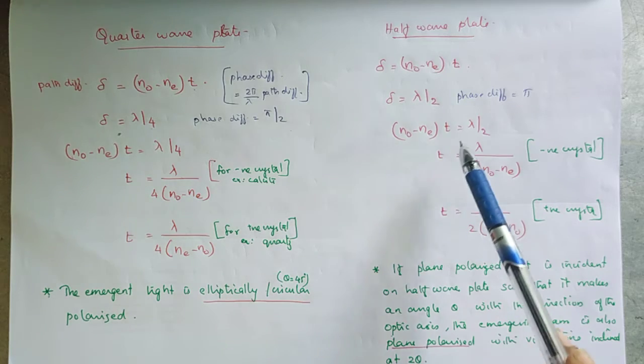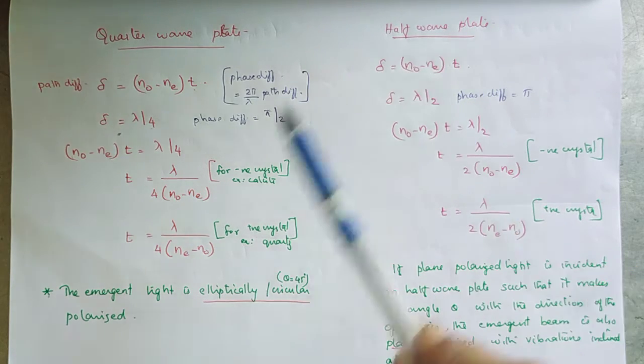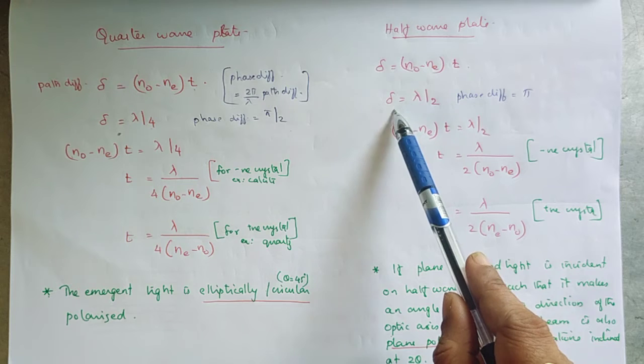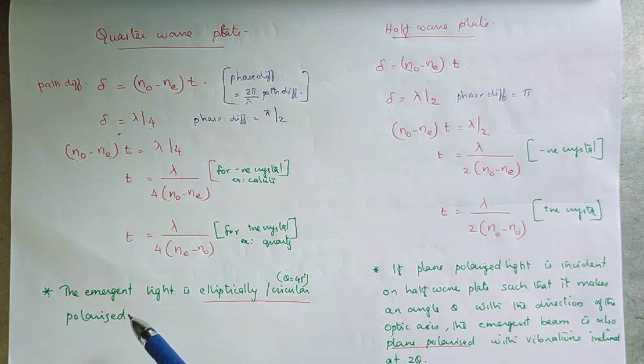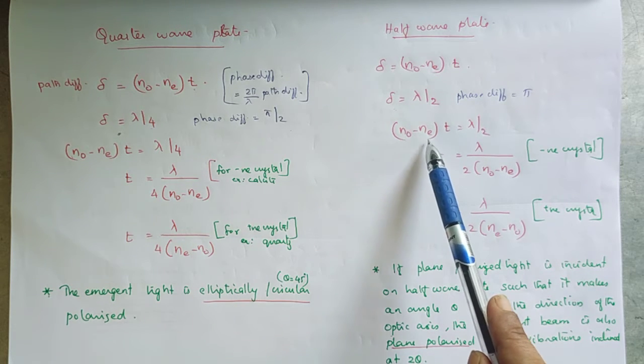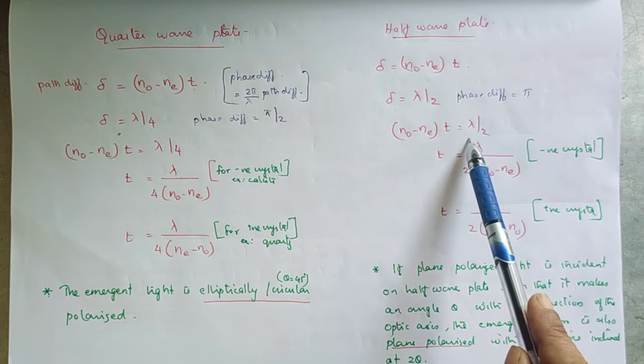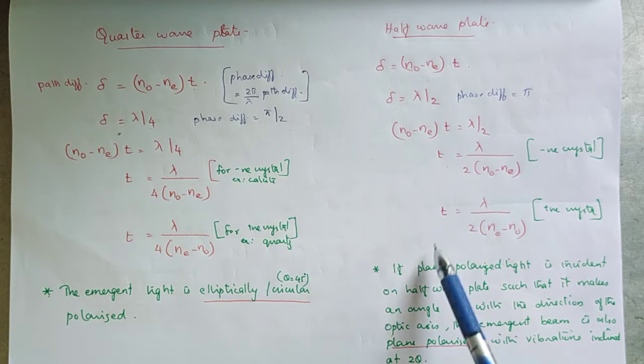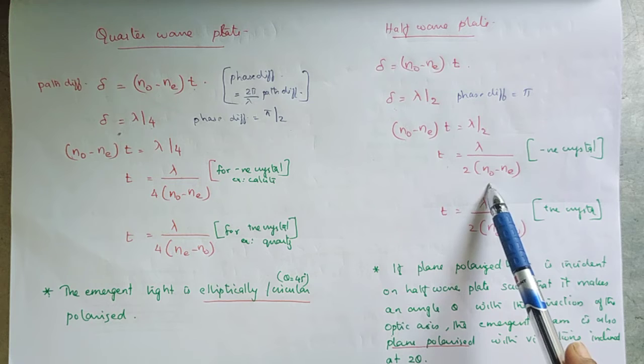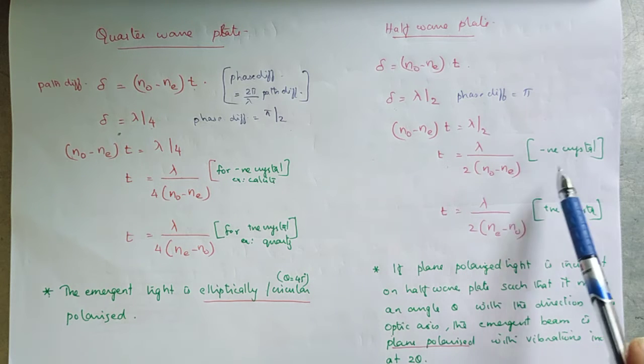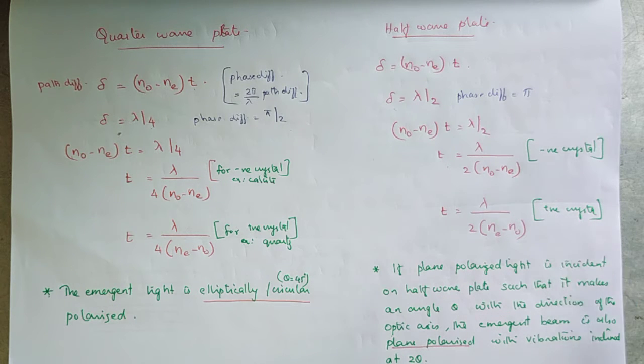See the difference here. In the case of the half wave plate, this path difference is equal to lambda by 2, so (n_o minus n_e) t equals lambda by 2, and t is equal to lambda by 2 into (n_o minus n_e) for negative crystals. And for positive crystals, t is equal to lambda by 2 into (n_e minus n_o).